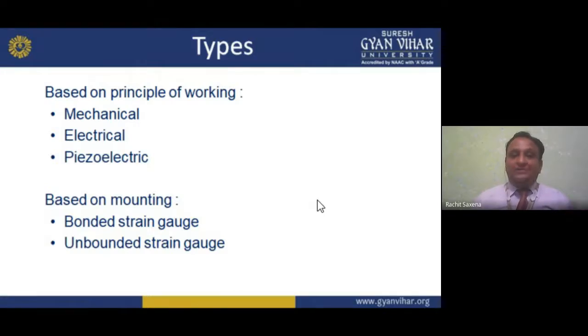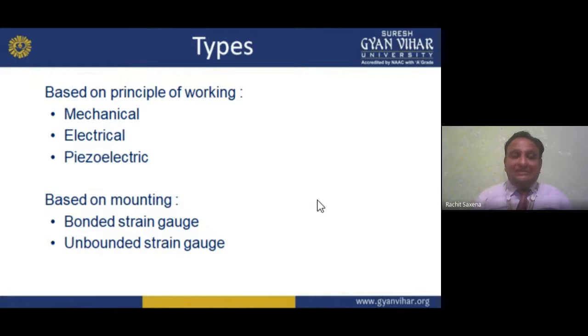On the basis of the principle of working, we have three types: mechanical, electrical, and piezoelectric. Electrical is always there because we are studying this transducer, which is an electrical transducer, but of the passive type.